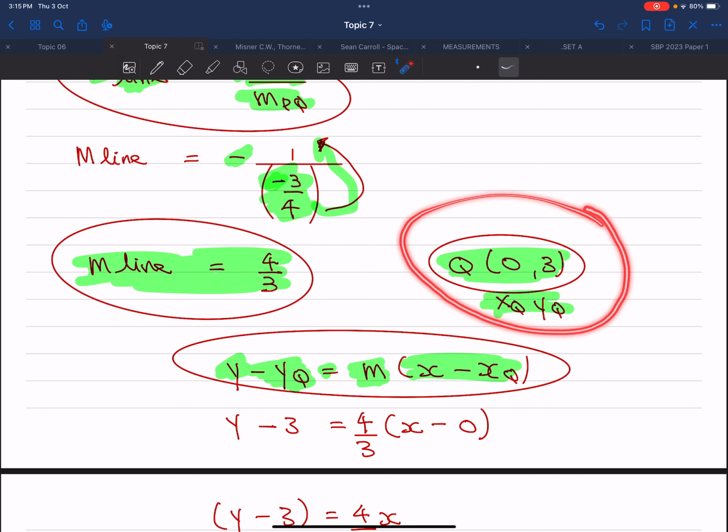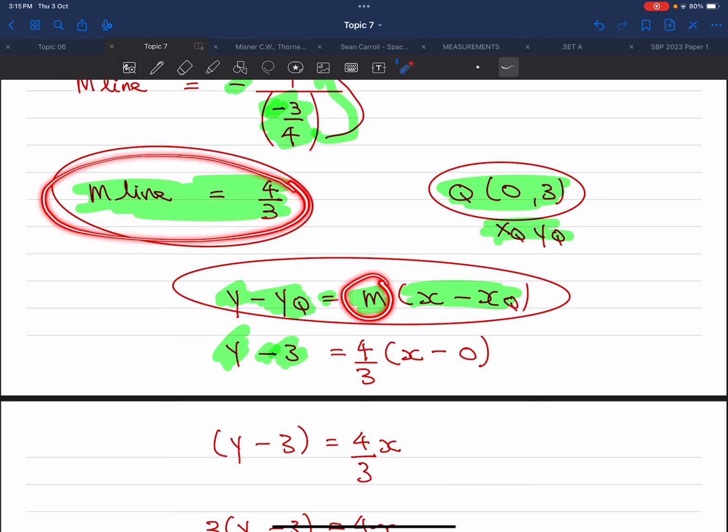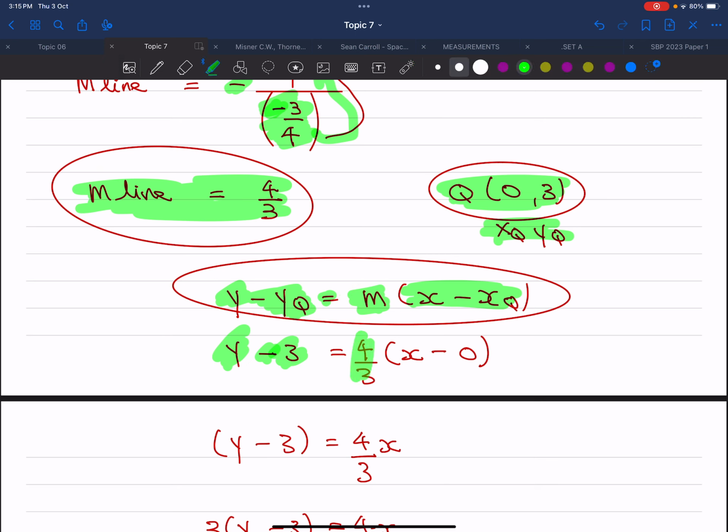So we substitute: y minus 3, with the gradient m being 4 over 3, and then x minus xq, where xq is 0.